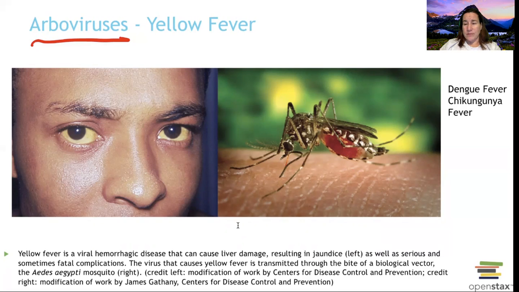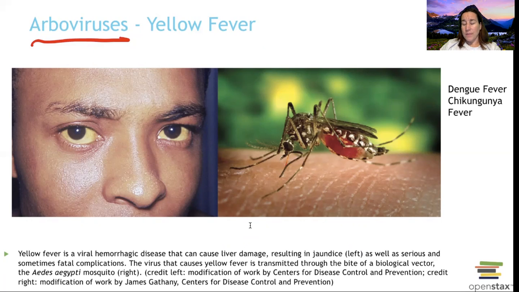Control of mosquito populations is the best prevention for these next couple of diseases, because a lot of these don't have any sort of treatment. It's just care for the symptoms. The first one is yellow fever, and we don't have this one in the US, but tropical areas where mosquitoes are prevalent are definitely going to have it.